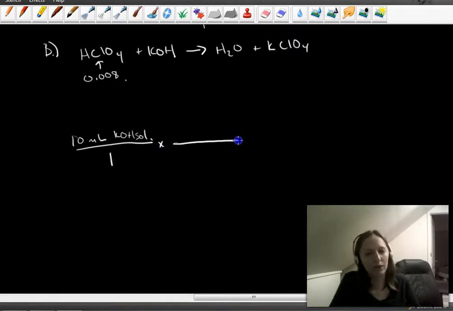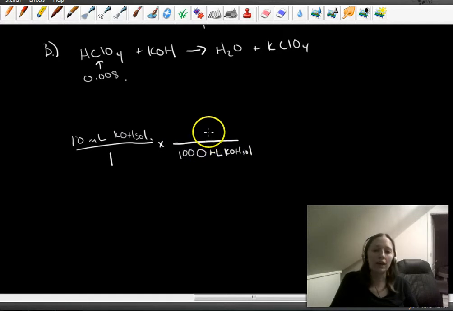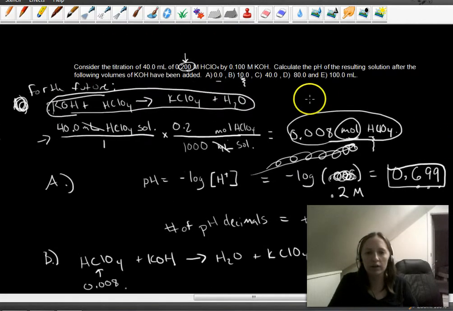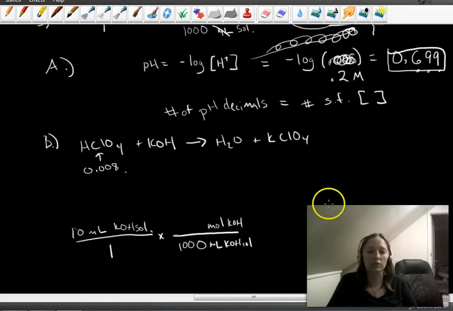You multiply it by your solution's equality, which is milliliters of KOH solution. There's 1,000 milliliters of KOH solution, and that's some number of moles of KOH, and it depends on the concentration. It tells us up here, 0.1 molar KOH. Okay, 0.100, that's going to be important with our sig figs.